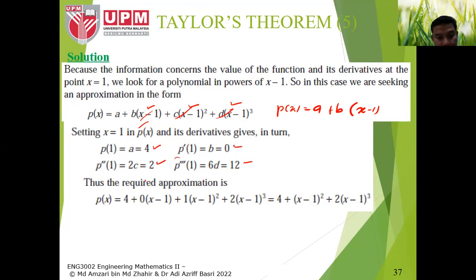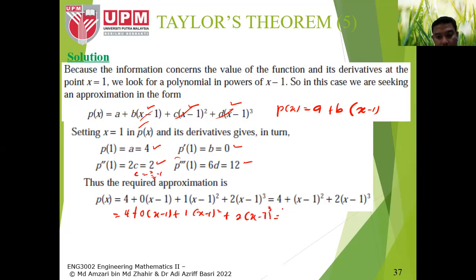Then you put everything inside the main function. What is your a? a is 4. Plus what is your b? b is 0, times (x minus 1). What is your c? c is 1, because c equals 2 divided by 2 equals 1. So you get (x minus 1) squared plus what is your d? d is 2, (x minus 1) to the power of 3.